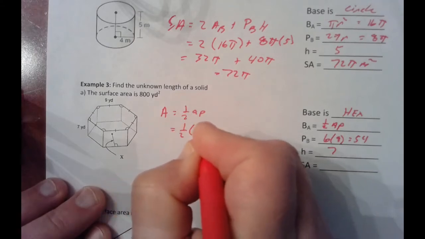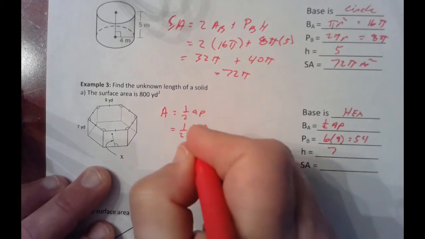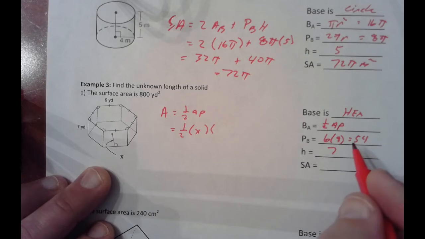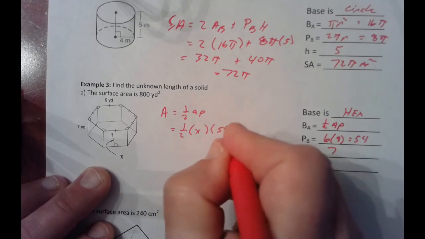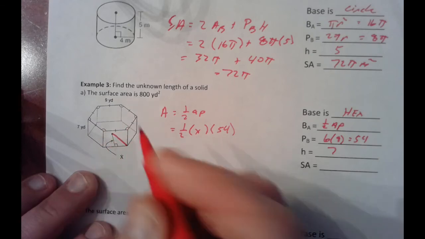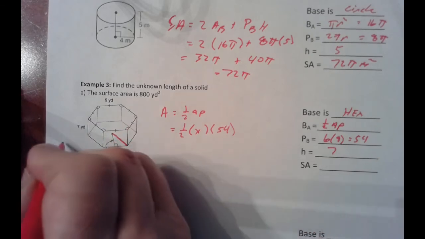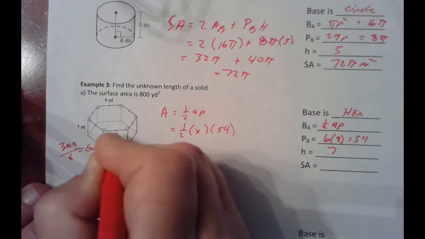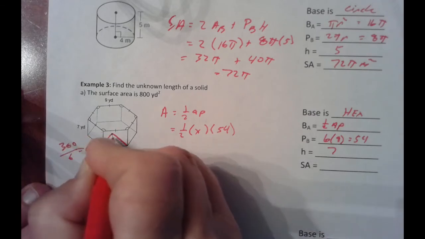All right, so then my little a is x. And my P we did was 54. All right, so then if I draw in my triangle here, so let's see, we've got 360, it's a hexagon. So that means this whole angle is 60.